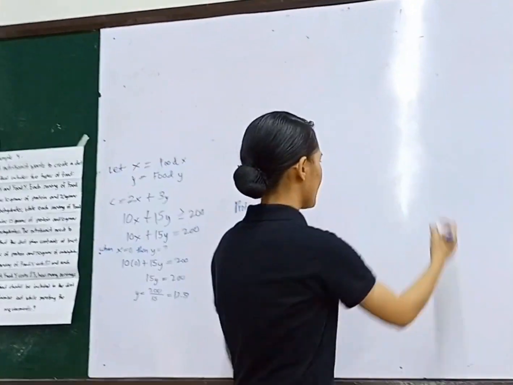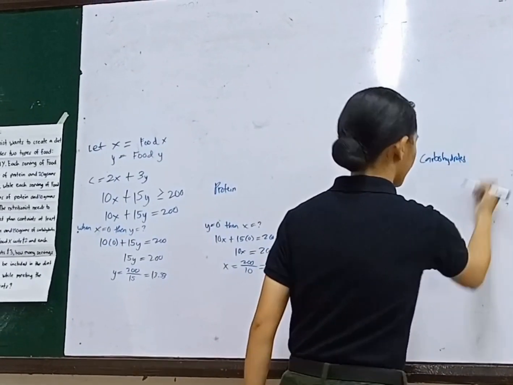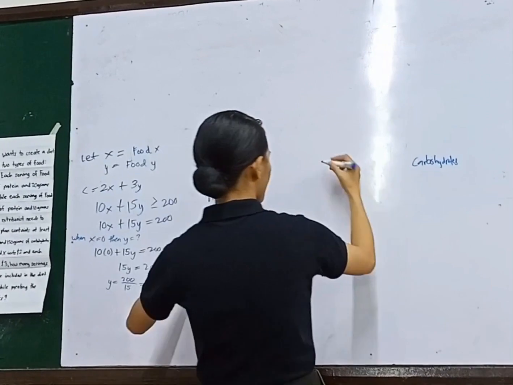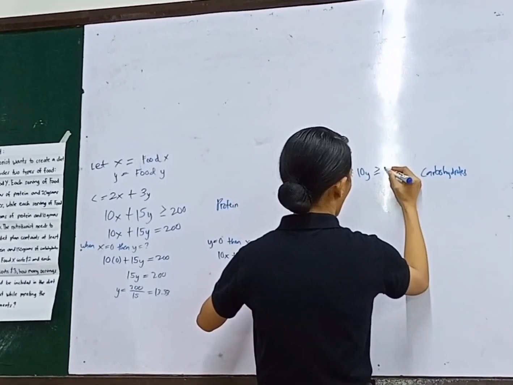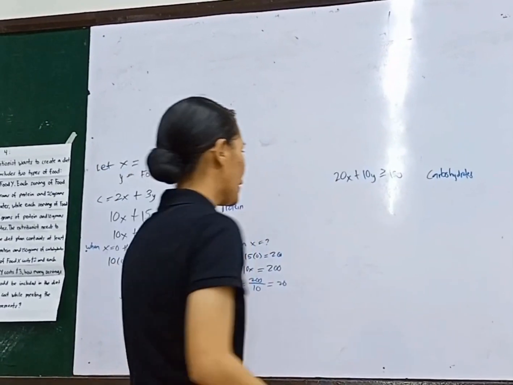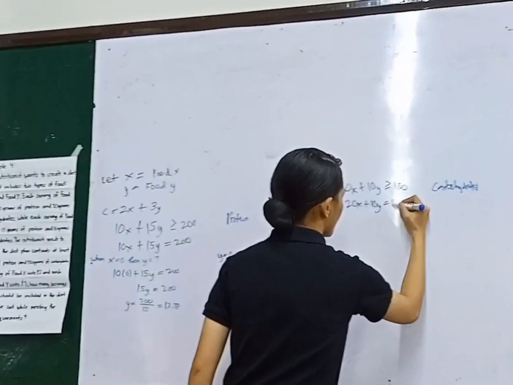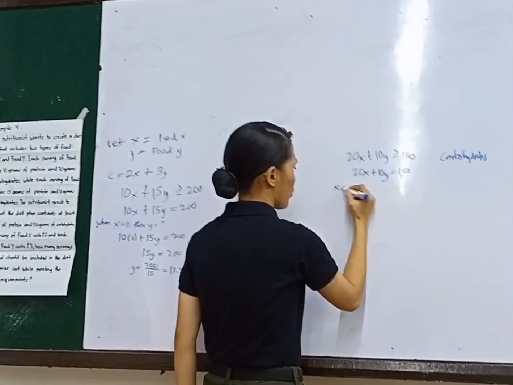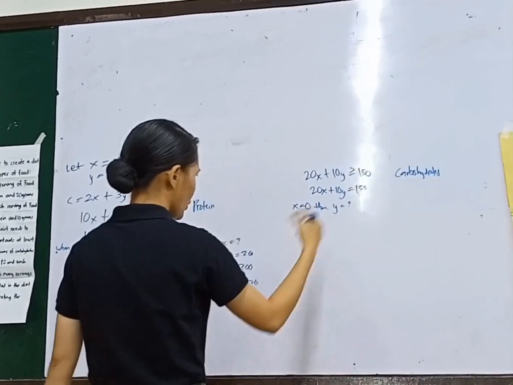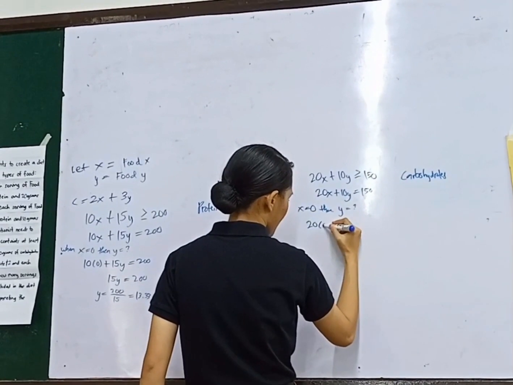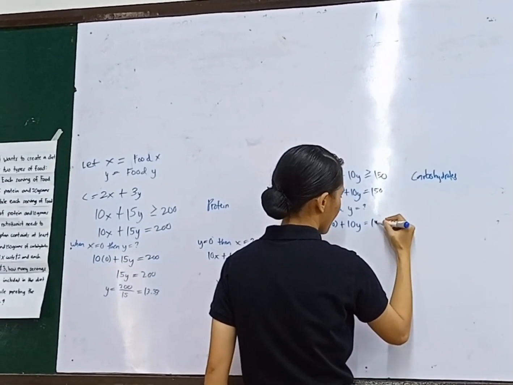The carbohydrates. So our carbohydrates constraint is 20x plus 10y greater than or equal to 150. We write this as 20x plus 10y equals 150. Then when x equals 0, then y equals unknown. So 20 times 0 plus 10y equals 150.